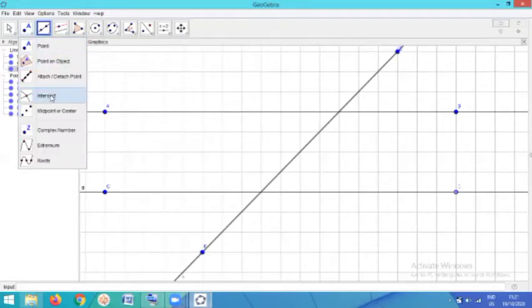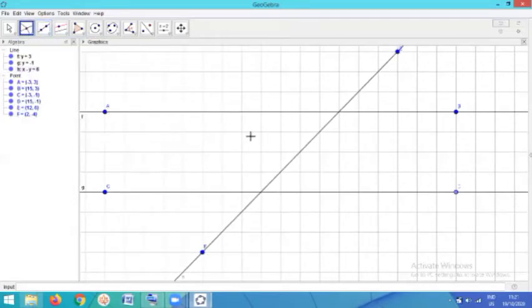And make the intersection points at the intersection of the transversal line with the two parallel lines. There are point G and point H. The next, show the angles at the intersection points and name each angle with a different symbol. We show the angles at point G and point H.